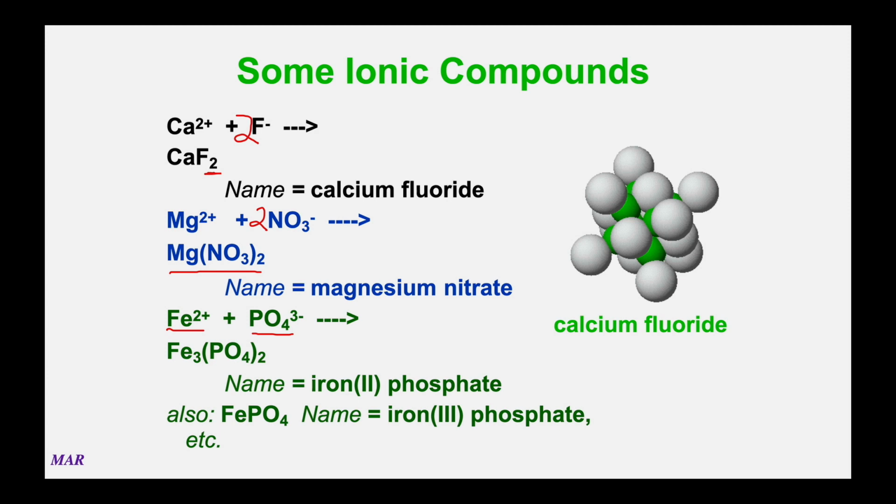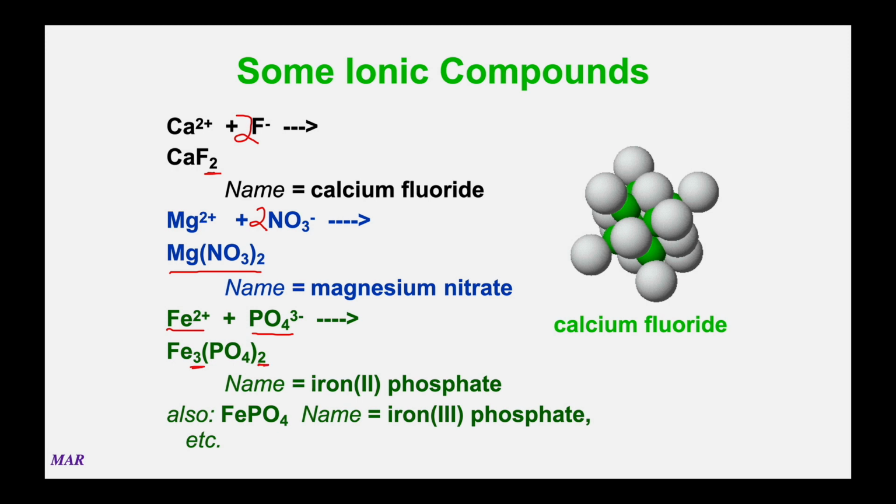So what I would do is take the 2 and the 3, the charges on the iron and the phosphate, and you can take those two numbers and find the common denominator, which means multiply them together. So 2 times 3 is 6. And if you take that common denominator and divide it by the charge, you've got 6 divided by 2, 3, and 6 divided by the 3 of phosphate, 2.